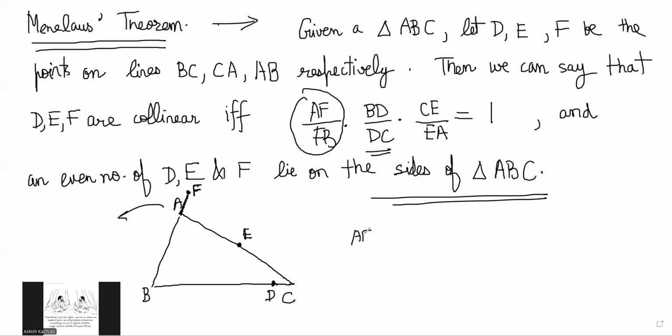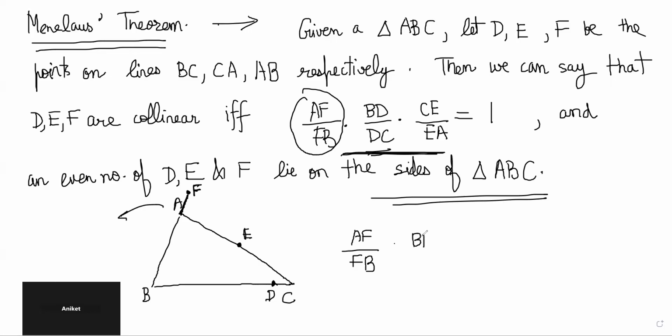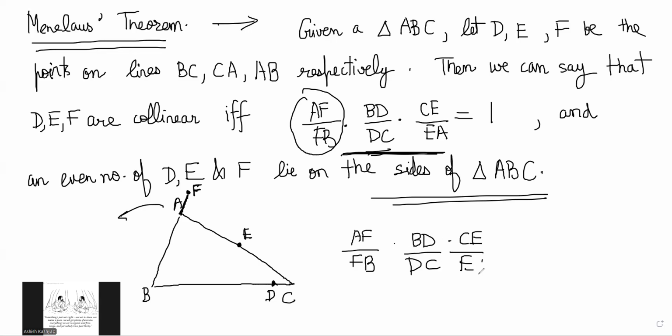The ratio is still AF by FB only, as if it was inside. Do you understand what I'm saying? Yes, sir. Basically, the ratio is the same as the ratio that we saw previously for concurrency in Ceva's theorem. So AF by FB, BD by DC, and CE by EA, the same ratio, even if one of them could be outside the triangle, right?